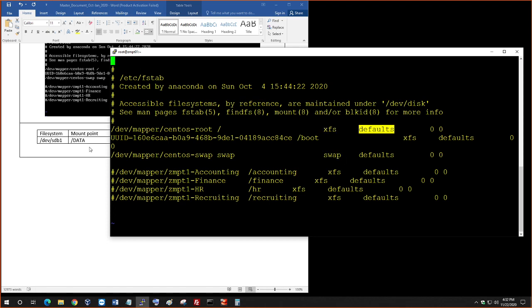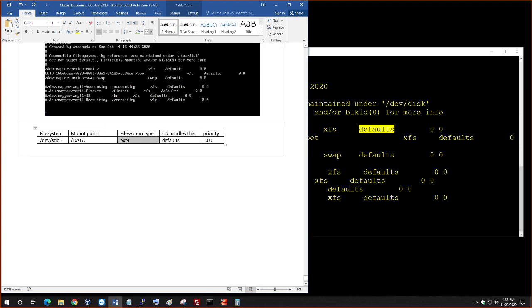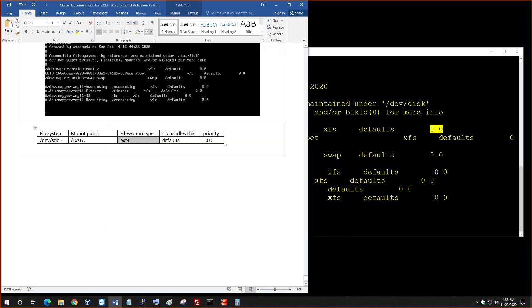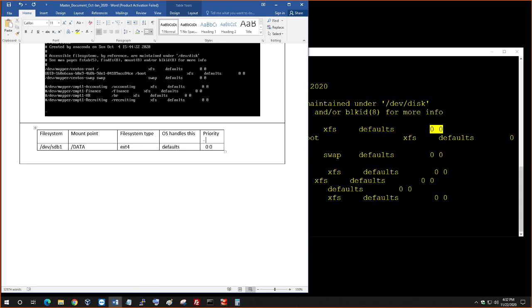And then defaults, which is handled by the operating system. And then this part here is the priority. The priority options you have are either 0, 1 or 2.